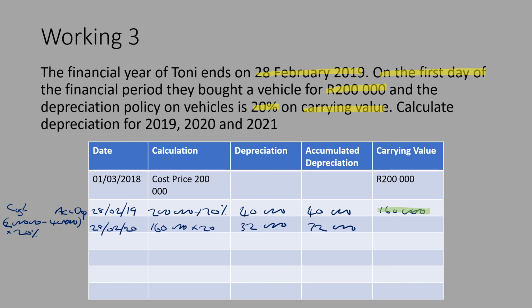So on this one, that will be 200,000 minus 72,000, that's 128,000. Then I go to 28 February 2020.